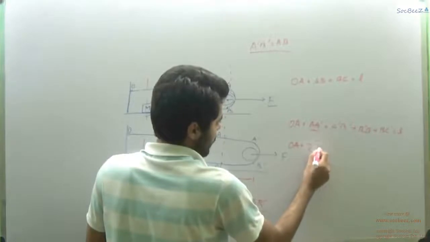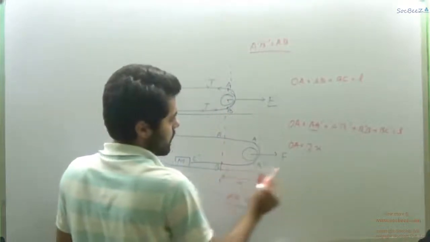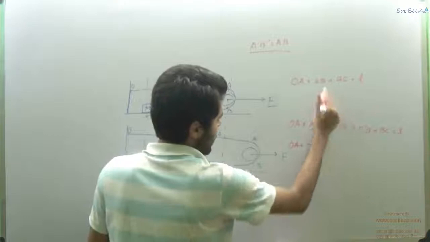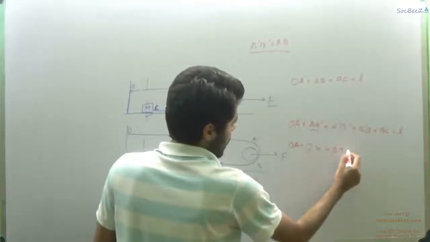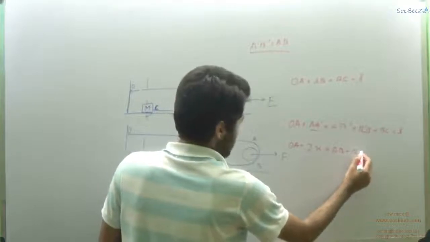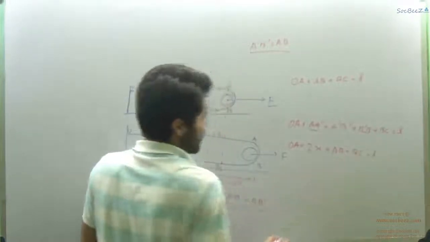Instead of these, I can write 2x because each is equal to x. And instead of A dash B dash, I can write AB. And then BC dash is equal to L.